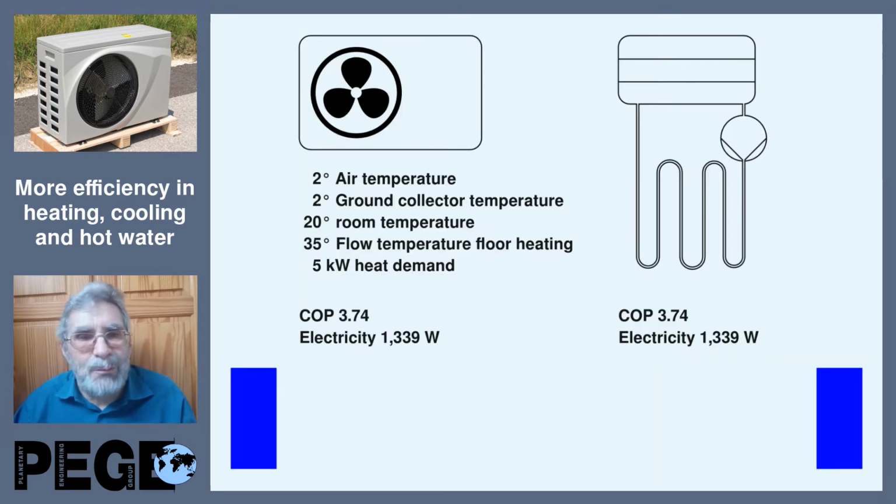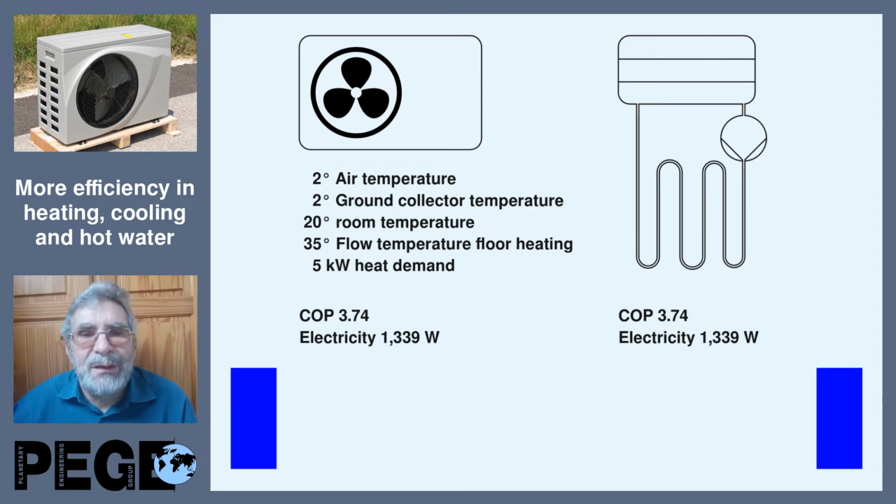Here we make an example with a house and we have two different heat pumps. One air heat pump and one water heat pump where the heat comes from an underground collector in the garden. We start with 2 degrees Celsius air temperature and the ground collector has the same temperature.